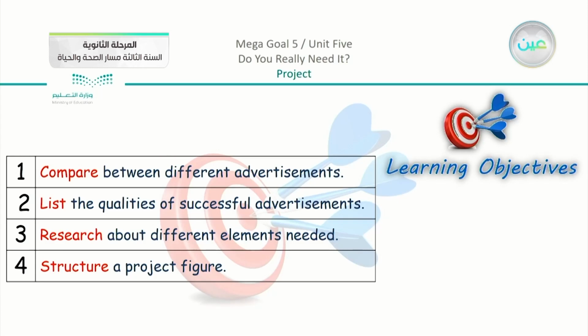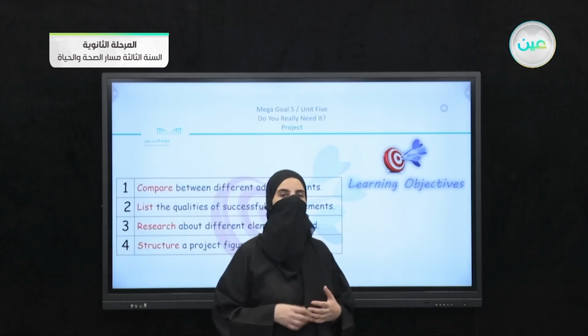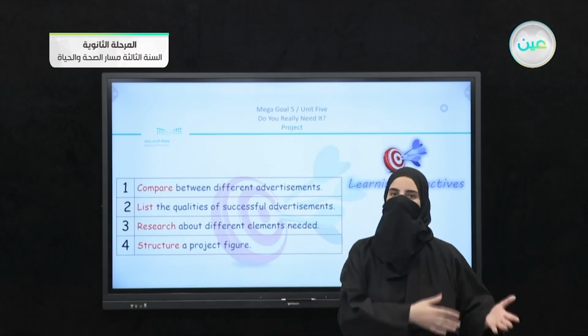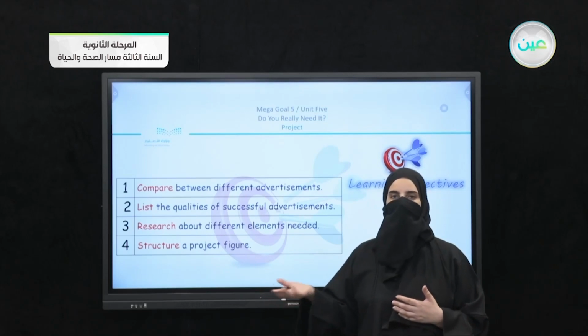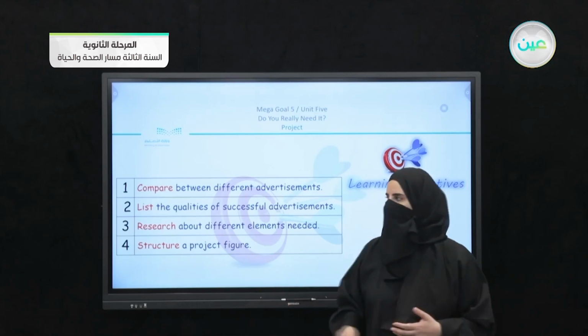Number 3, to research about different elements needed. 4, structure a project figure. So now we have the idea that we are going to make a project. We are going to think about a kind of project that we are already interested in, and maybe we have seen an advertisement for it and we're going to advertise it in another way. So we're going to start.